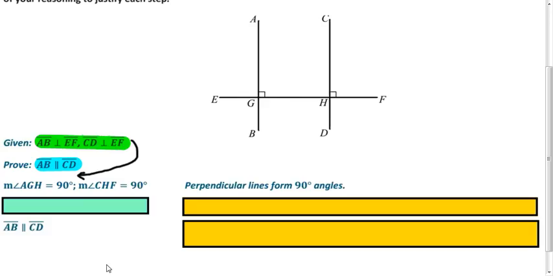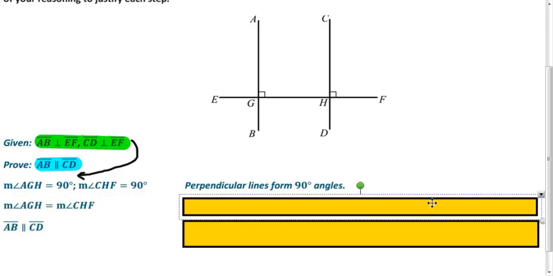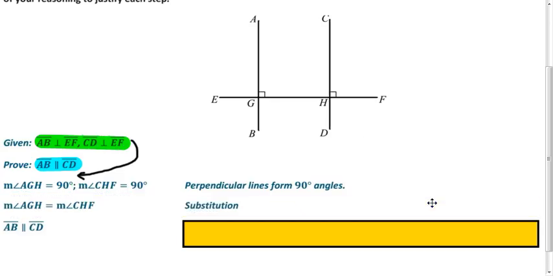All right, so from there, we want to get AB parallel to CD. We have these angles are both 90. Well, if they're both 90, what can we say about each angle measure? They're equal. And that's just substitution. And so now, why are these lines parallel?